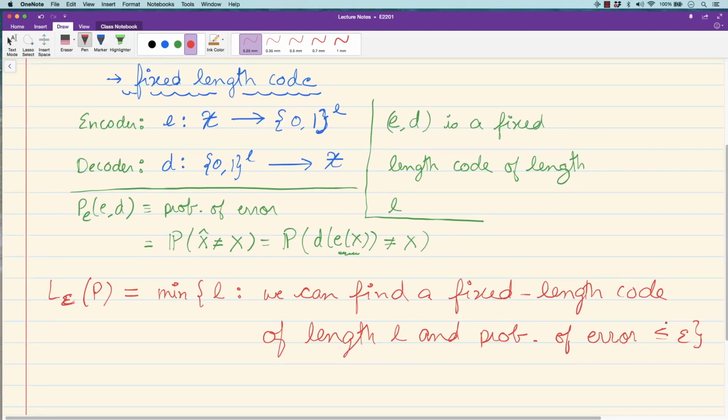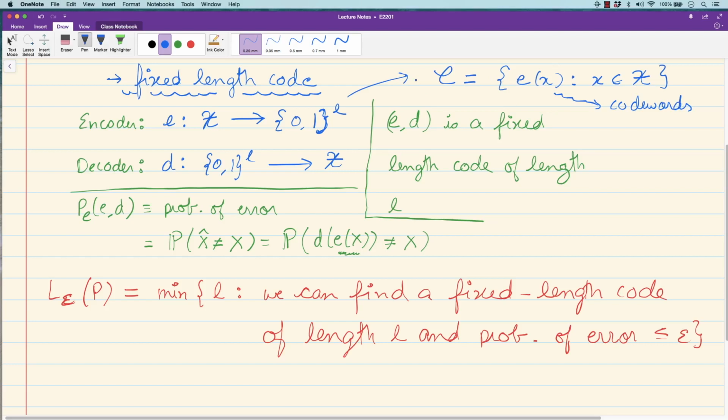And some more terminology. For different values of x you get different elements here. Look at this set, I'll call it C: E of x, as x belongs to the alphabet X. So for different symbols you have these different sequences of length L. These sequences are called code words, binary sequences which represent different symbols, and this whole set of code words is called a code.